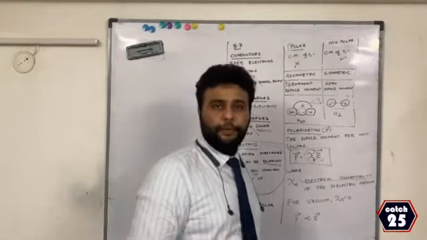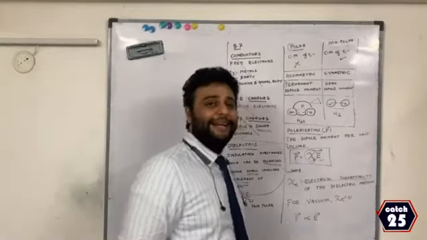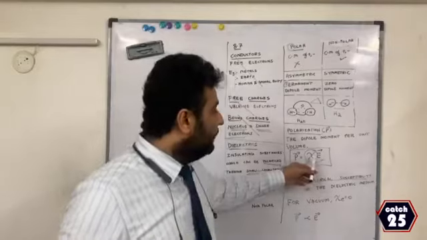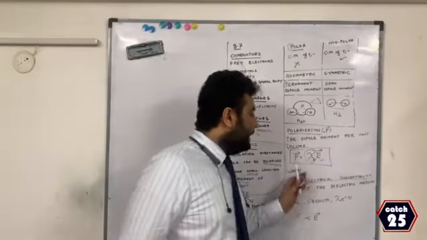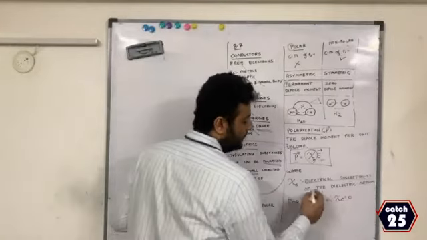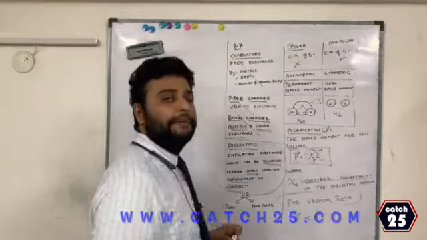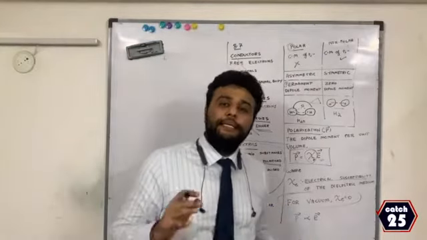If I need more polarization, I have to increase the electric field, because this is a constant. And the electrical susceptibility of a vacuum, very important when it comes to problems and MCQs: for vacuum, electrical susceptibility is always taken as 0.